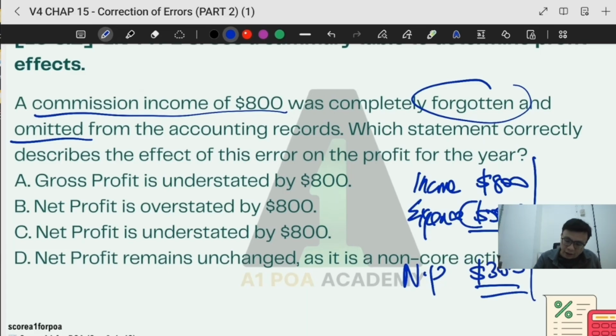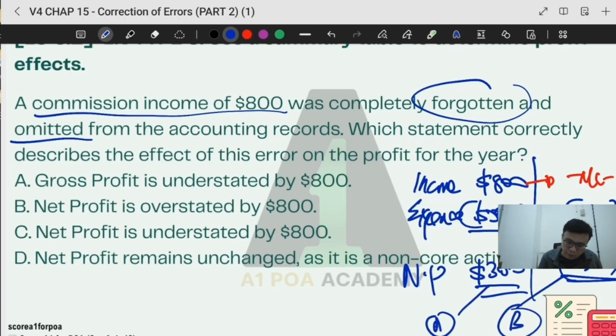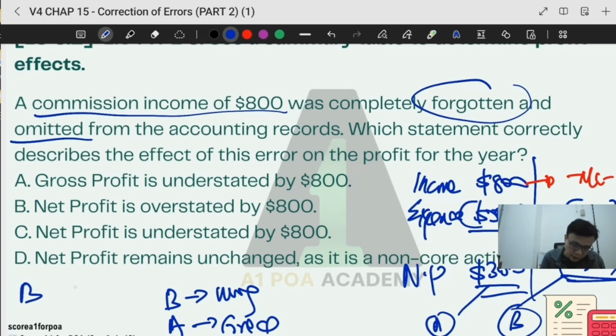But on the other hand, if this is being omitted, it's not being filled up, here you have $500 as usual. You will have a loss of $500 in this instance. So when you compare A versus B, of which B is wrong, and A is correct, you realize that B is lesser than A in terms of the value.